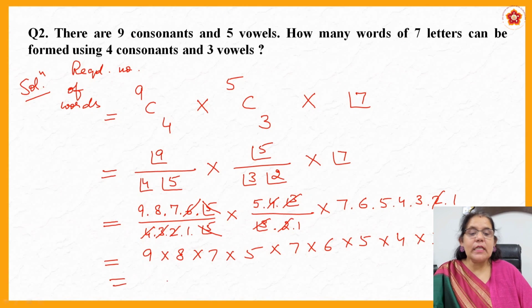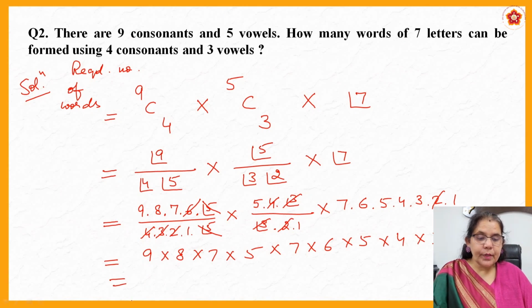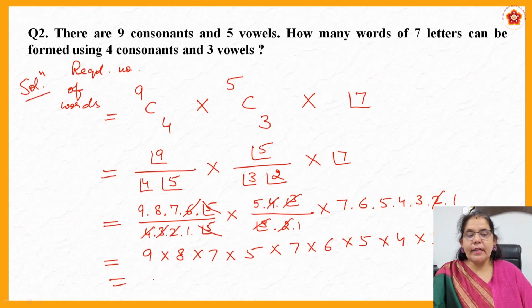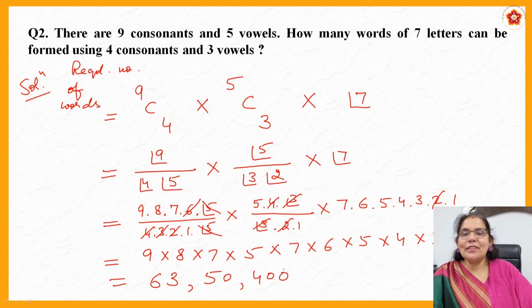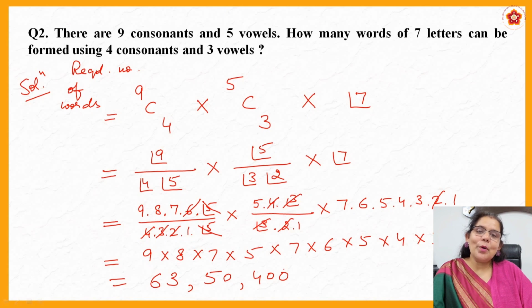Multiply all this and see what answer you are getting. The answer that we get here is 63,50,400. So these questions are very easy. We only have to read them carefully and see where we apply permutations and where we apply combinations.